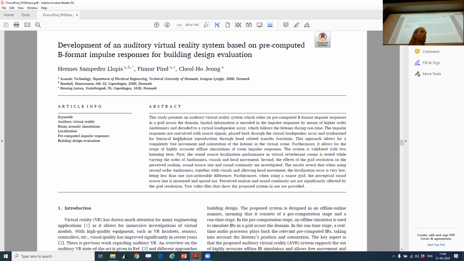Then it's maybe not auditory virtual reality, but interactive virtual acoustics, perhaps. I think interactive virtual acoustics is a bit more general term for this thing of having some interactivity involved. And then I also talk a bit about room acoustic simulations versus virtual acoustics. I think virtual acoustics is a more cool phrase.